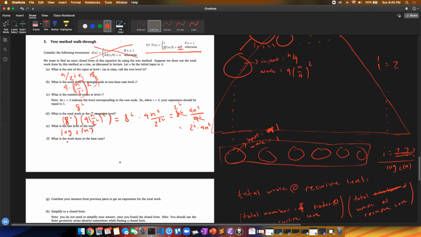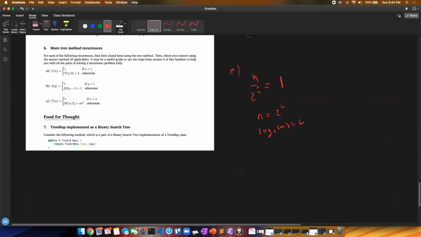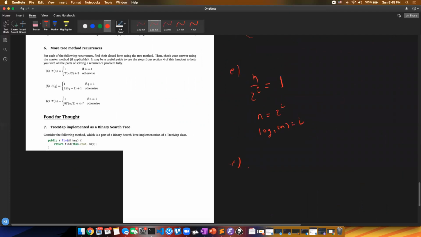Okay. And F, what is the work done in base case? I believe this is asking you how much total work is done across the base case. And this is the same idea. The total work done in base case is given by the total number of nodes at base case multiplied by the work done at base case.